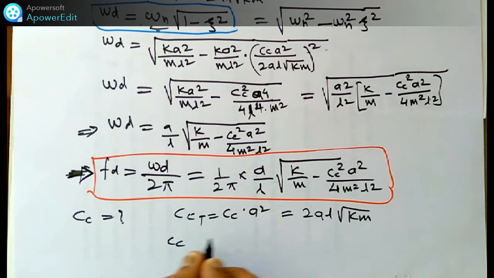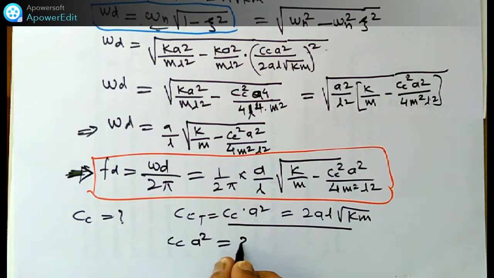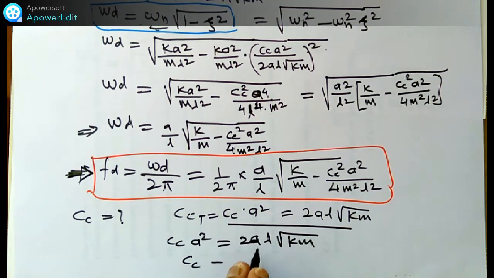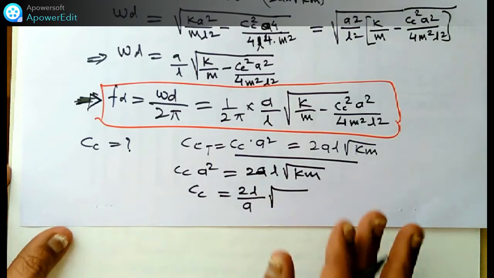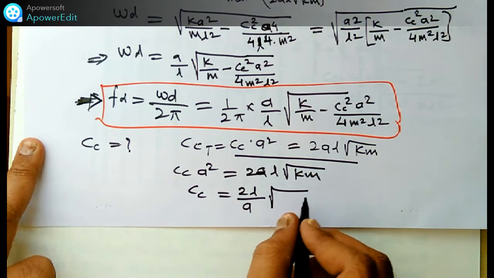This Cc becomes, if you take an a on this side, 2L upon a into under root of K into M. The value of K we know, M also we know, L also we know.